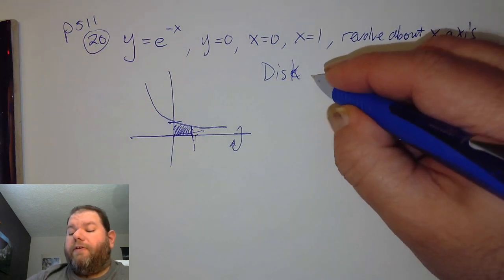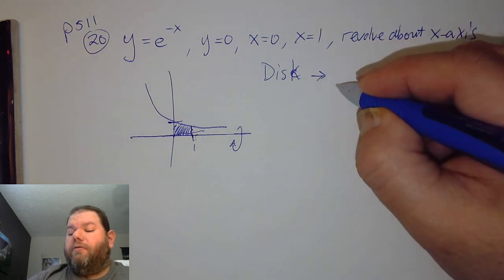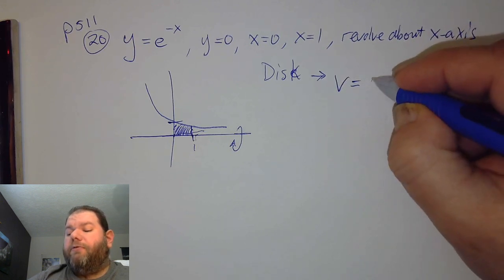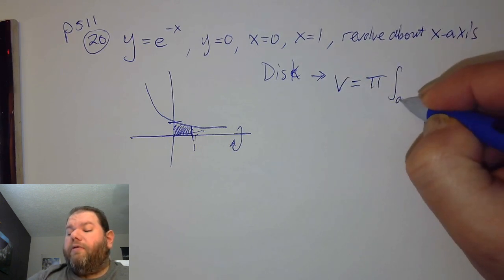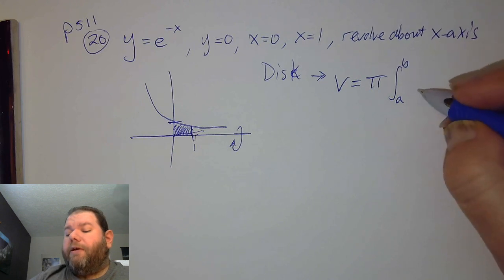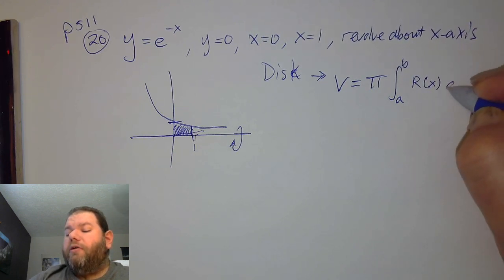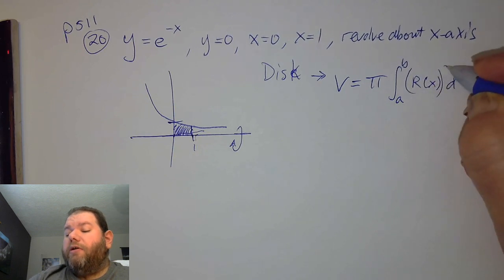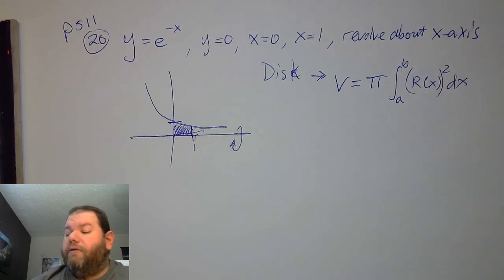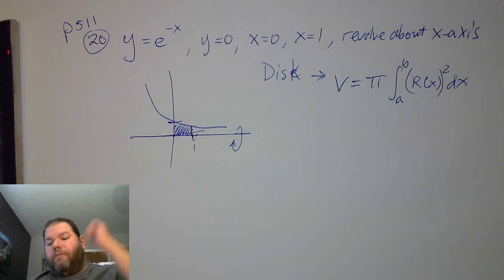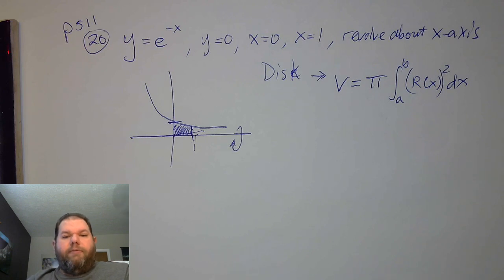Now our disk method says volume is equal to pi integral from a to b of the radius function squared times dx. You will have the formulas provided as well.